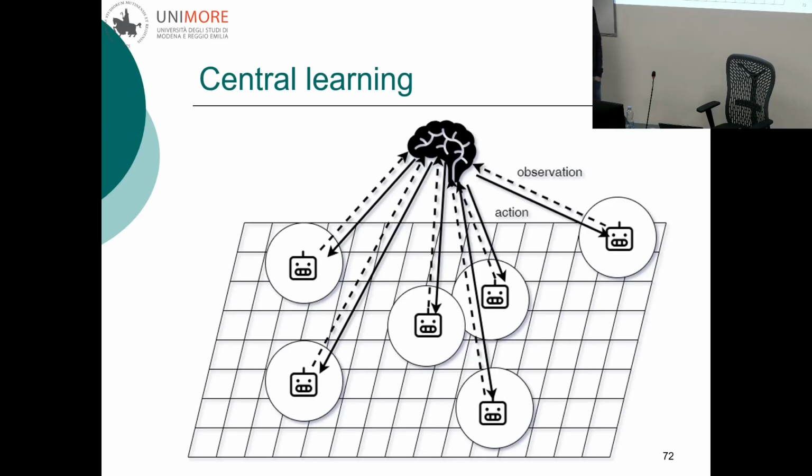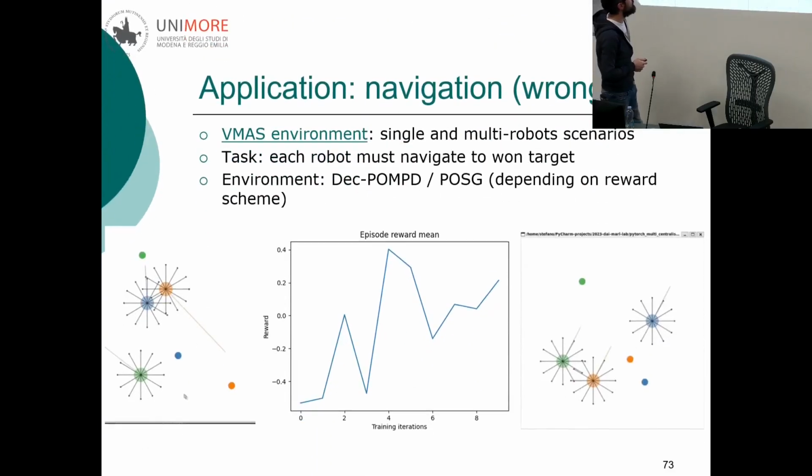Centralized learning can obviously be imagined like this. You have one big brain, okay? One algorithm that learns one policy that gathers all of the observations and commands each agent. So the complete opposite of the independent learning setting.